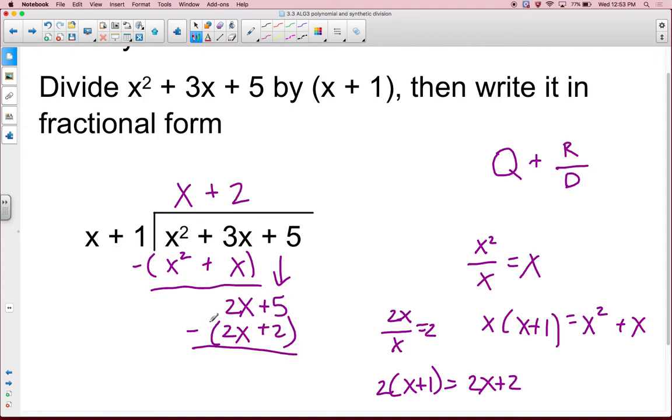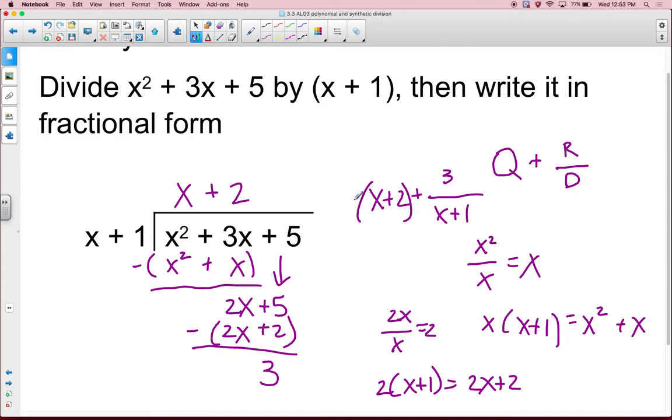We subtract it. 5 minus 2 is a 3. So therefore, your answer following this form here, our quotient is x plus 2. Then we have plus, our remainder is a 3 over your divisor, which is an x plus 1. That's your answer written as a fraction or fractional form.